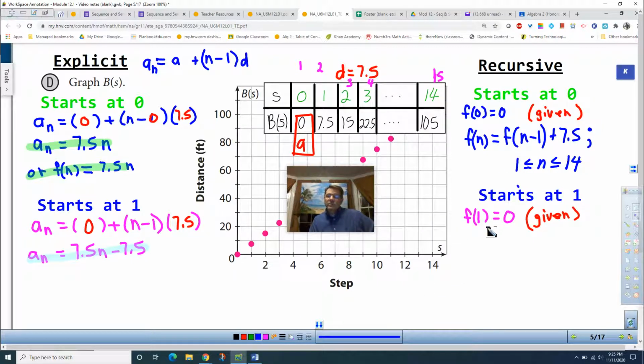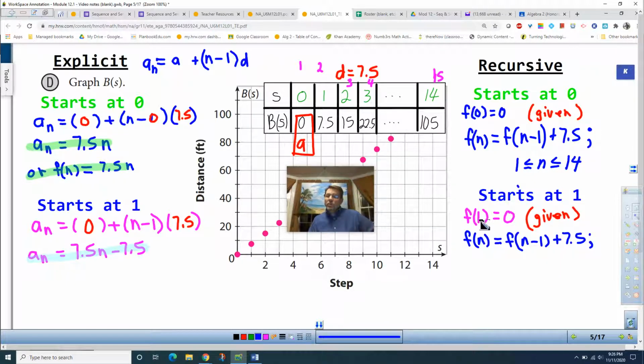There are absolutely 0 changes to this next step, because we're still saying that to find f of n, we take the previous term and add 7.5 to it. The only thing that really changed is where you're starting from: 0 or 1. But you're still adding 7.5 no matter what.